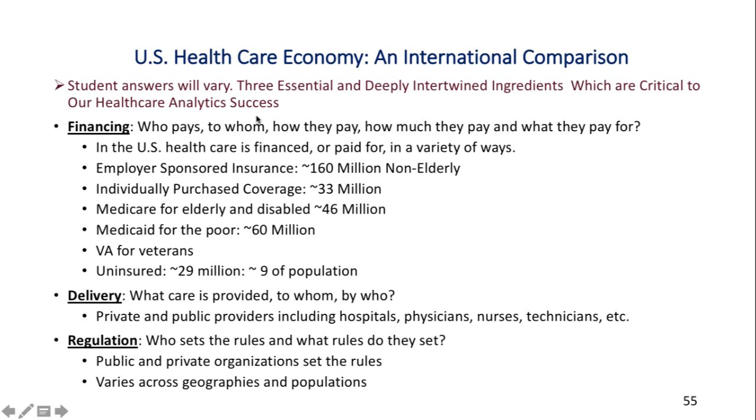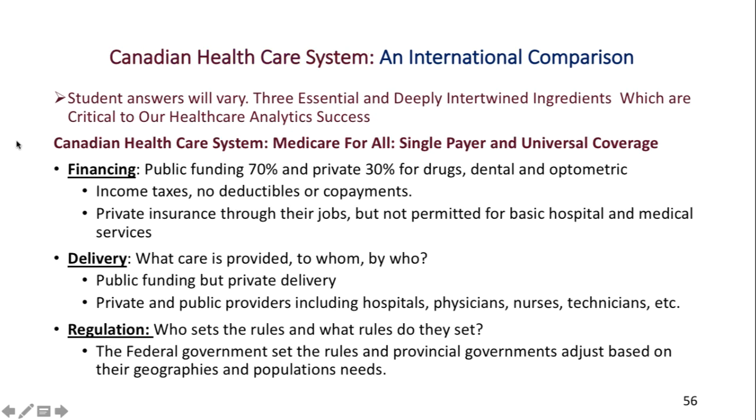And we are comparing the United States financing, delivery, and regulation with another country like Canada. In Canada, public finance is 70% and private finance is 30% for drugs, dental, and optometrics.